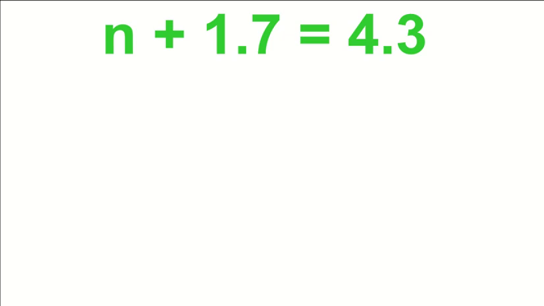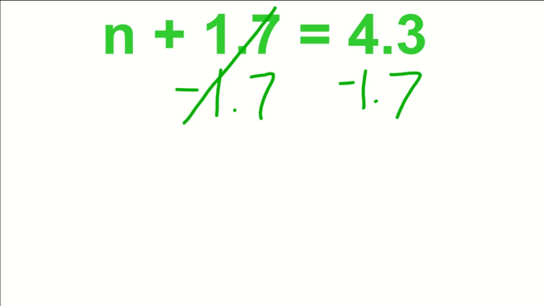All right, when you solve equations by doing the opposite, we got to get the variable by itself. So we got to isolate the n in this case. So we're moving away the 1.7. It's a plus 1.7, so we do a minus 1.7. You do it to both sides to keep everything balanced. It cancels out. On that side, we get the variable by itself like we want.